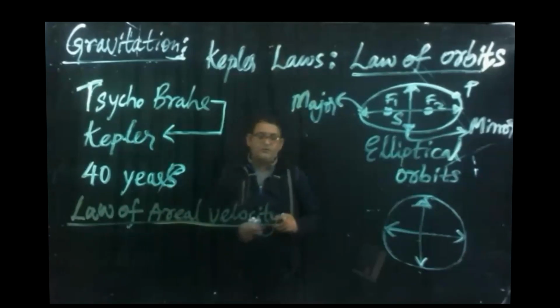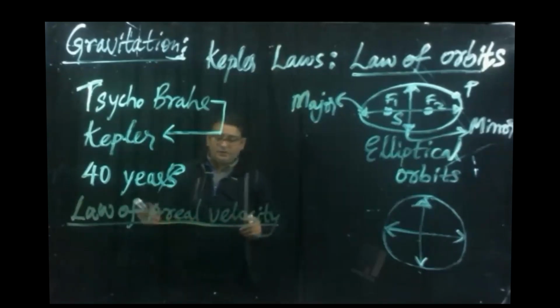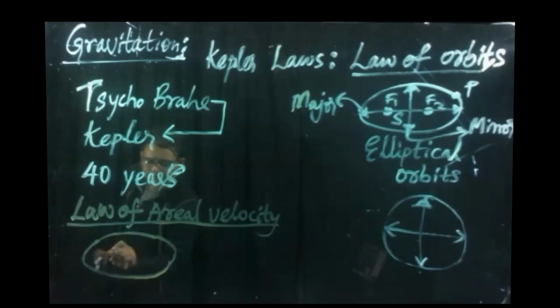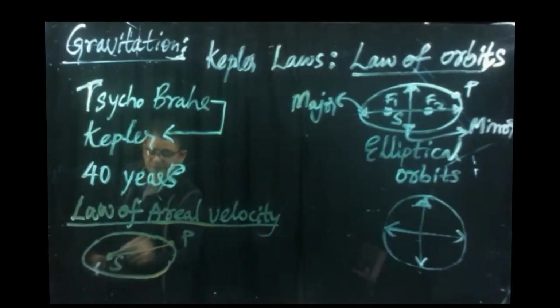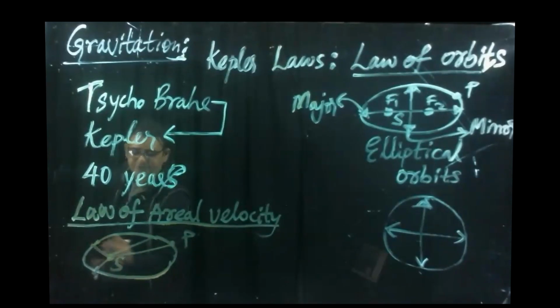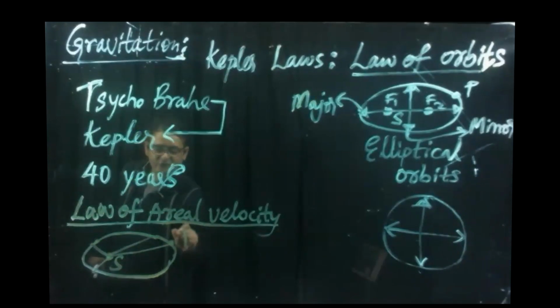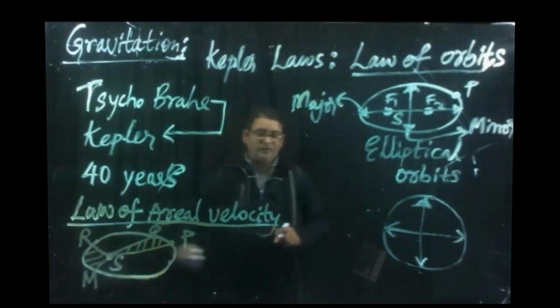In this second law, what Kepler said was if something is under an orbital motion, for example, a planet P, then per unit time, the area that it sweeps is always constant. So you see, if it goes from P to Q and R to M, then the areas swept are equal.